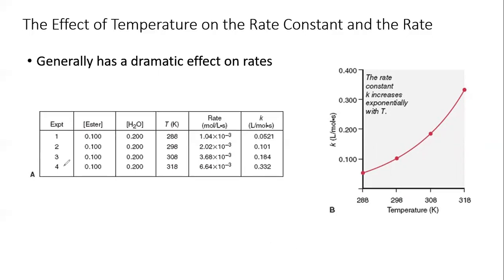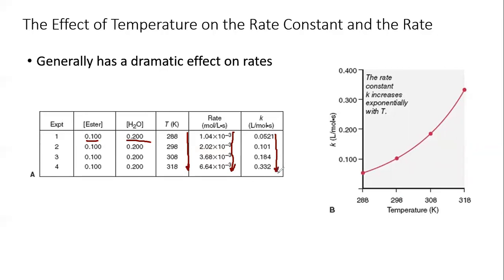So here we have 4 experiments involving an ester and water. You see as the temperature increases and we have the same concentration of reactants, the rate increases as well. And also the rate constant increases too.